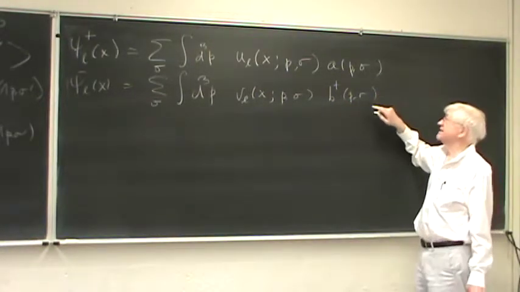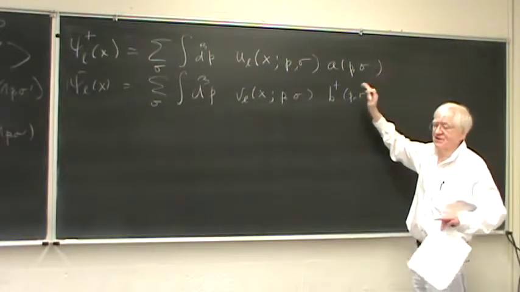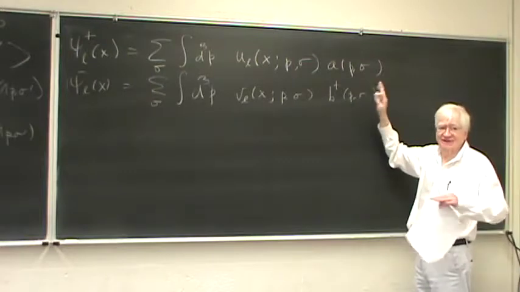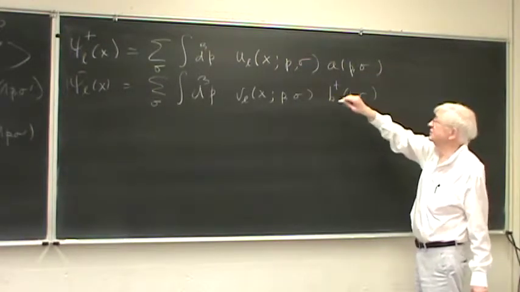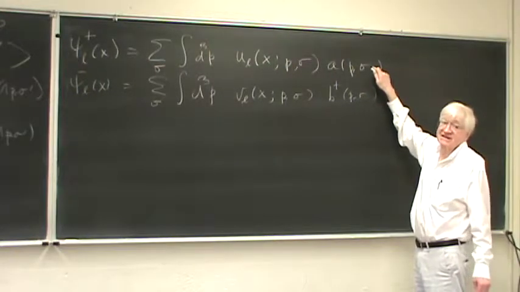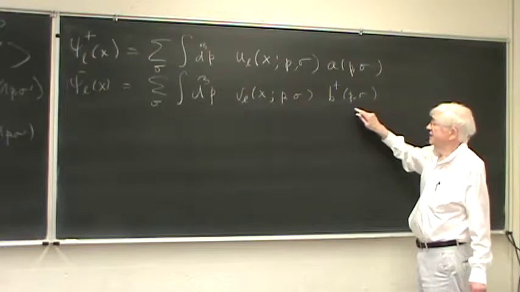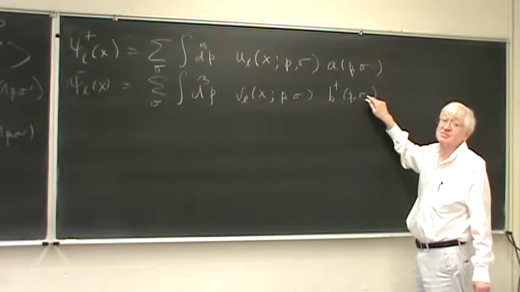So what he has is, when he gets serious and represents a particular field like the electron, he has in the positive frequency part, n occurs for, say, the electron, and in the negative frequency part, n doesn't occur for the electron; it occurs only for the positron.